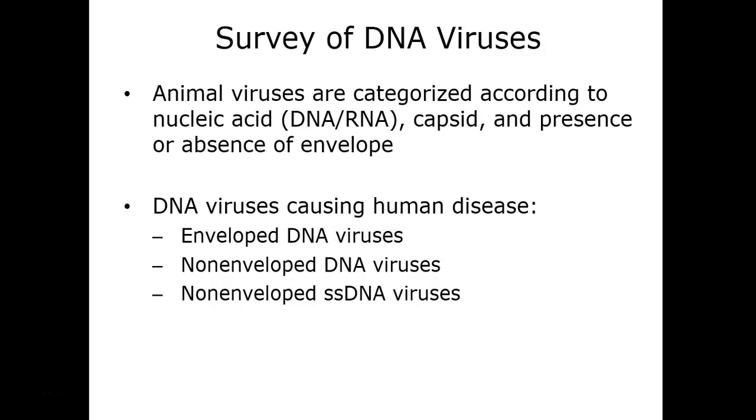We have the enveloped DNA viruses, we have the non-enveloped DNA virus, and remember that we also have that one outlier, that one member that doesn't fit into these two groups, and that's the parvovirus, which would be considered the non-enveloped single-stranded DNA virus. So that's important to understand, is that that is the one member of this group that does not fit into the traditional categorization.